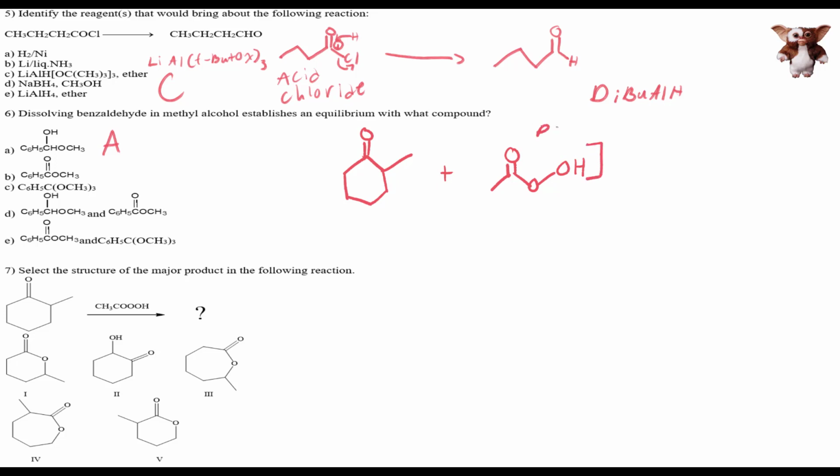Okay, so this is a peroxy acid. Right? And the overall reaction is a very famous reaction called a Baeyer-Villiger reaction. Okay? And it's German, so you have to have like a German accent whenever you say it.